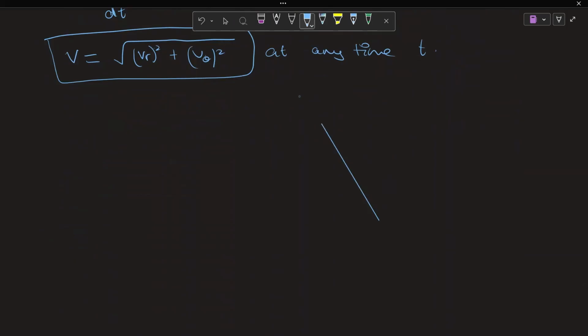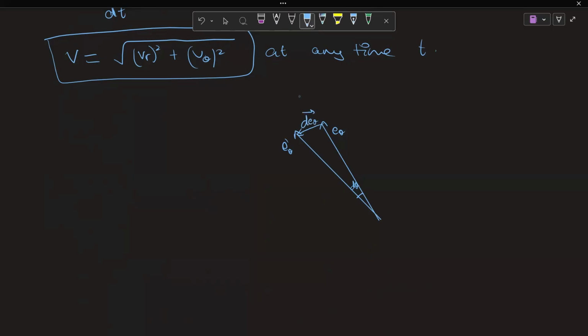After taking an angle of d theta, it is going here. So E theta and E theta dash. So this is the change in the d E theta vector.